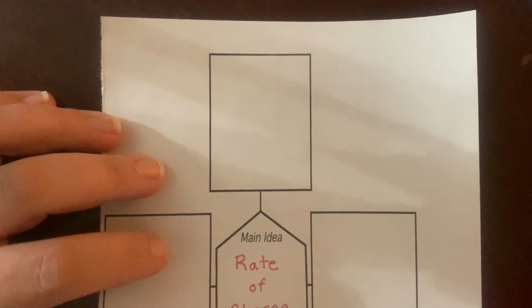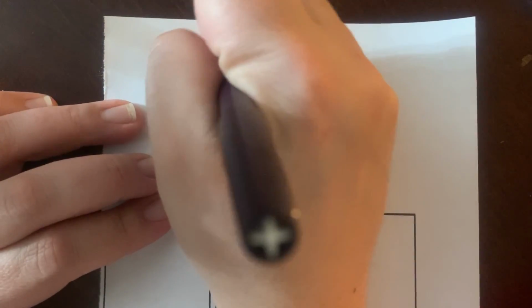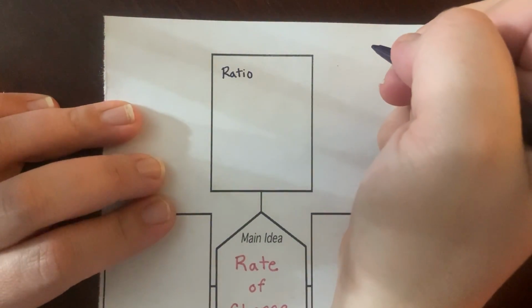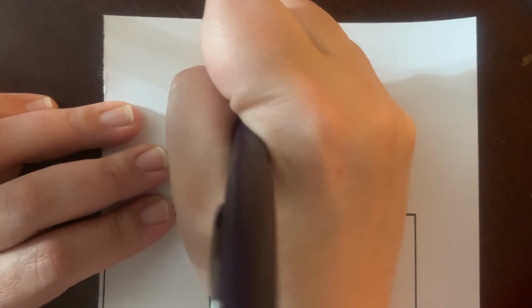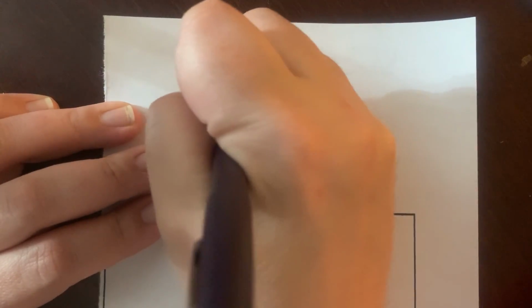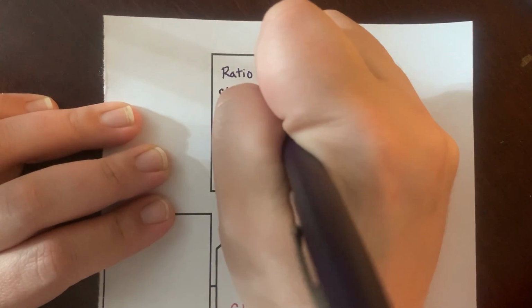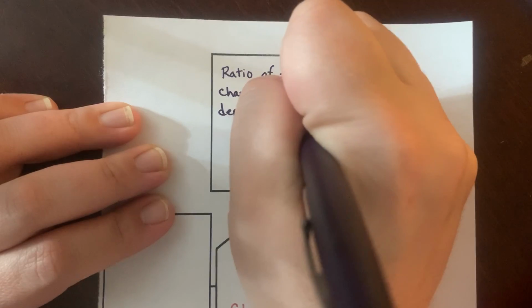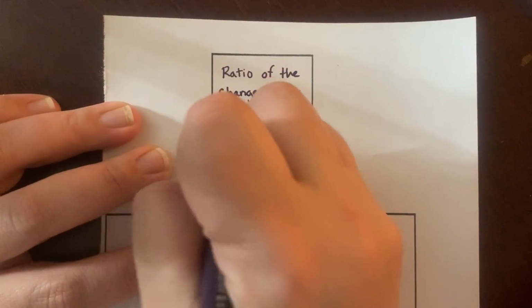So one of the many definitions of rate of change is the ratio of the change in the dependent variable to the change in the independent variable.